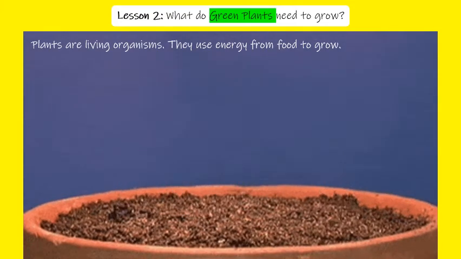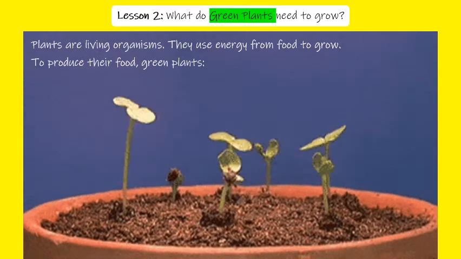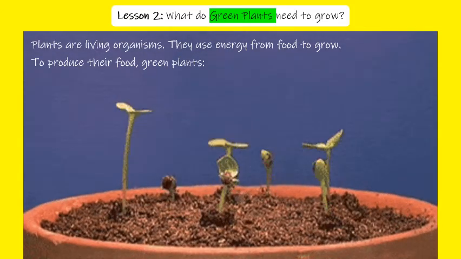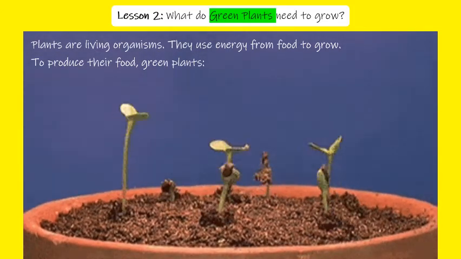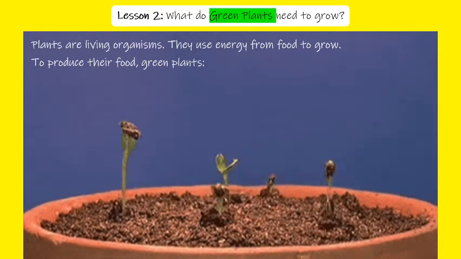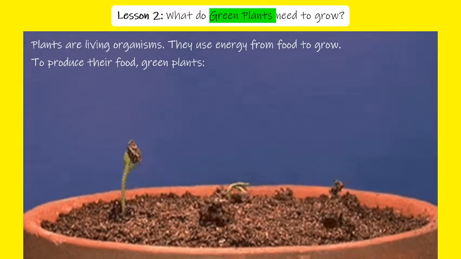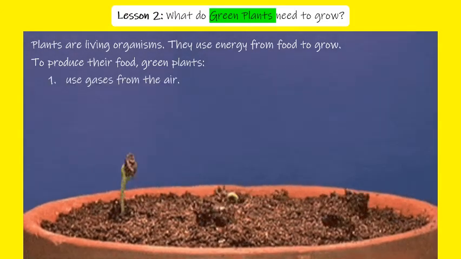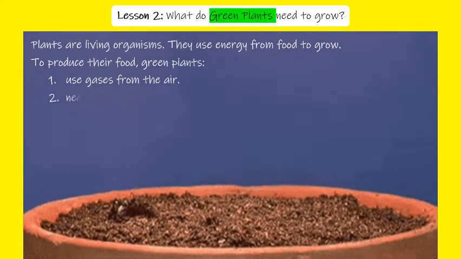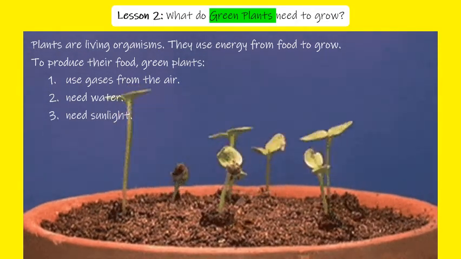Where do green plants get the food they need? They produce it. So green plants are producers. They are autotrophs. They produce their own food. To produce their food, green plants need three things: gases, carbon dioxide, water, and sunlight energy.